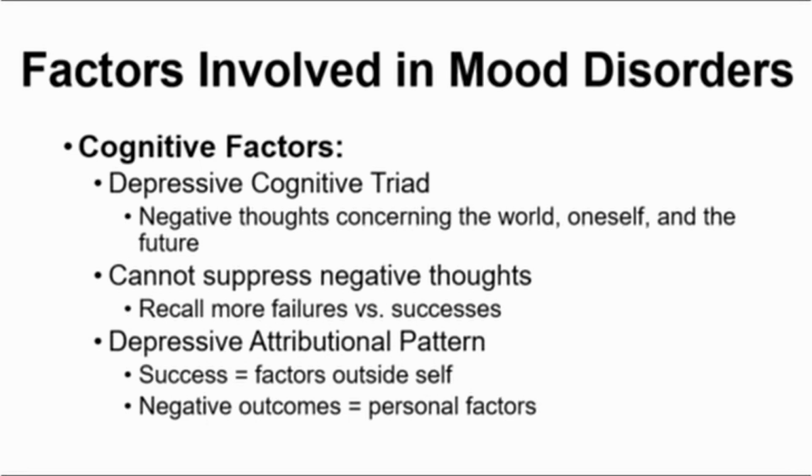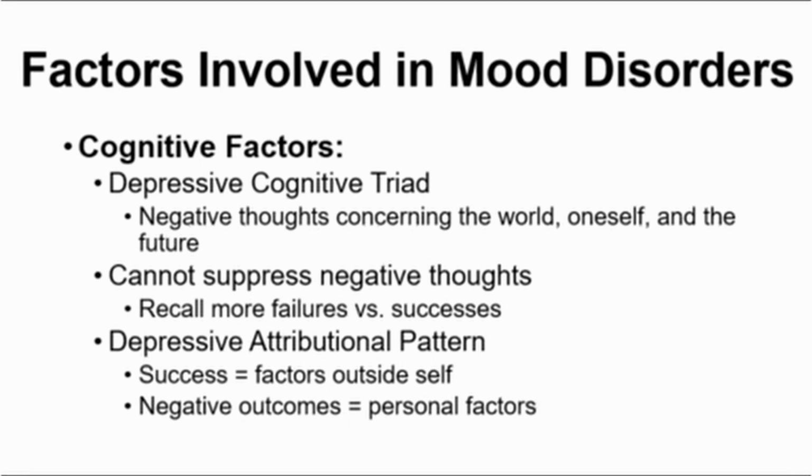We find some issues with this inability to suppress negative thoughts with a lot of these mood disorders. So we have a bias where we tend to recall more failures than successes. And we've mentioned before some of our attributional biases, where we're usually looking at who is at fault, the person or the situation, where those with depression have different frameworks.